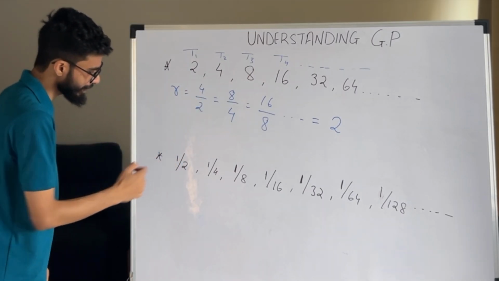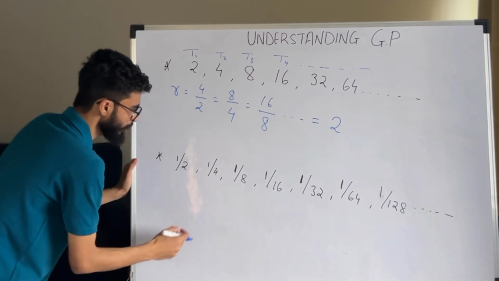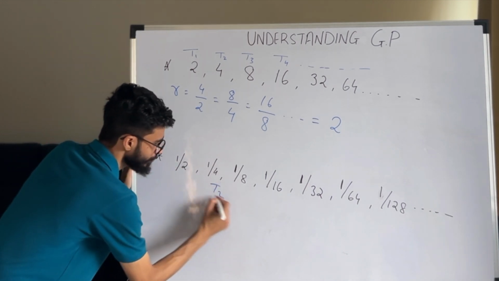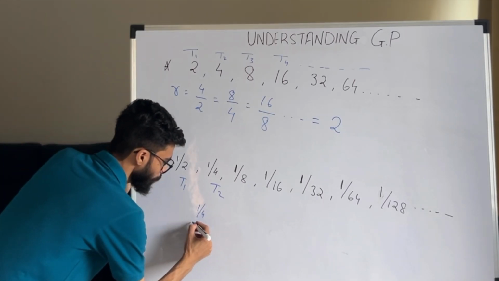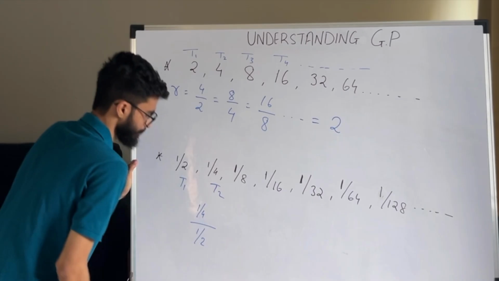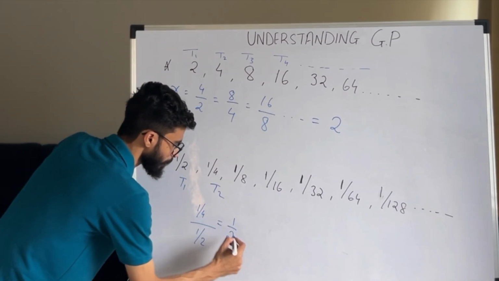Now let's look at this. Suppose I do T2 by T1, I am getting 1 by 4 divided by 1 by 2. This will be 1 by 2.